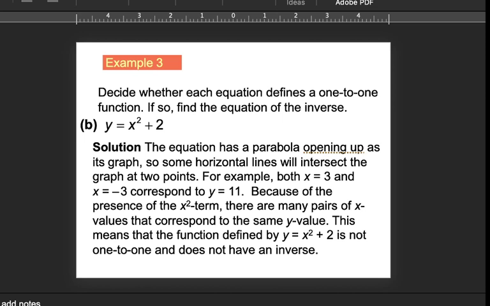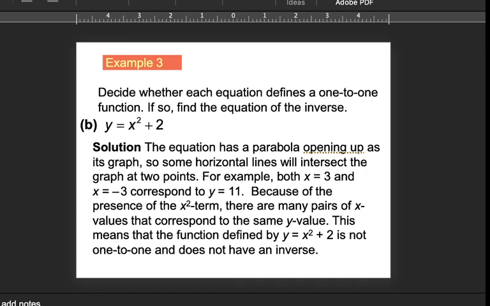So if it's not 1 to 1, it will not have an inverse per se, although we can write the equation of an inverse here, we could.